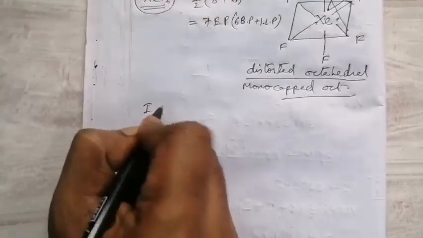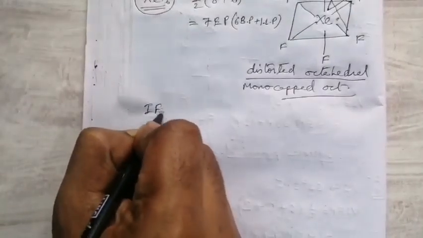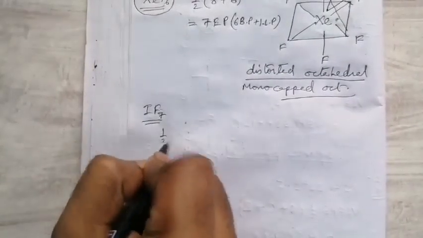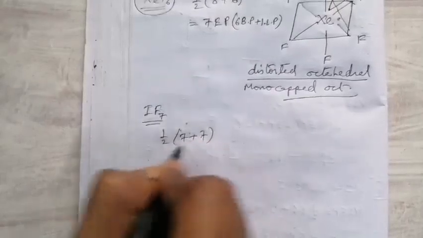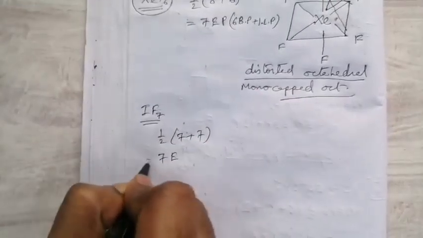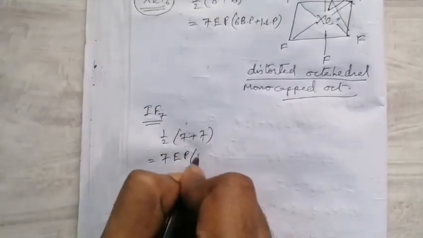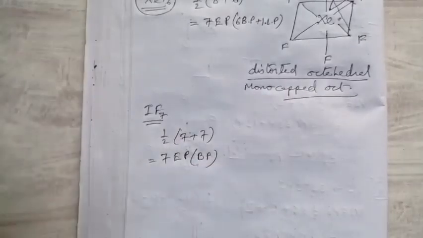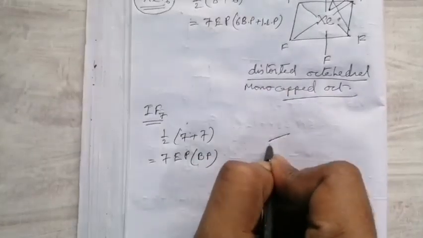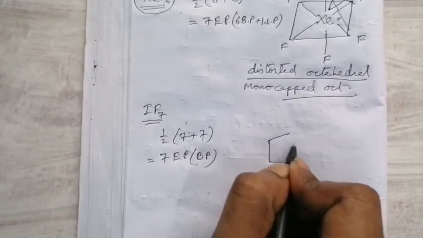Next, it is the last molecule, IF7. Again, it is half 7 plus 7. It is coming out to be 7 electron pair. Now 7 electron pair, all are bond pair. So the geometry of the molecule will be like this.